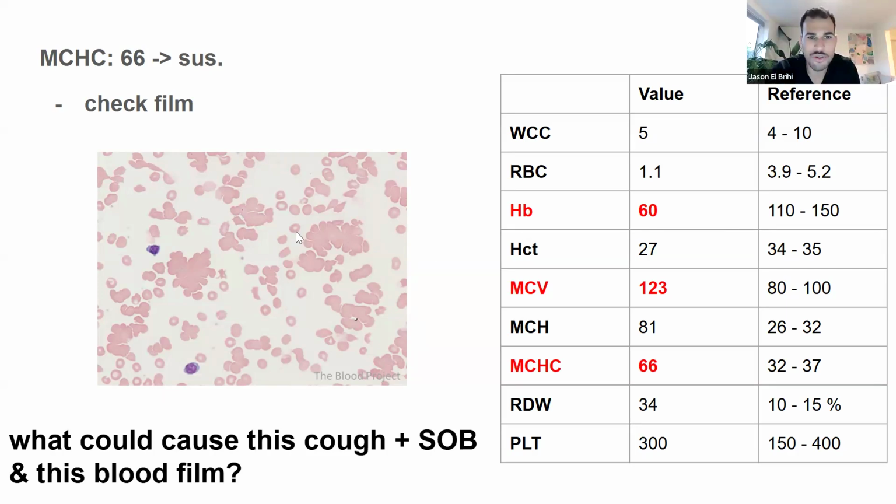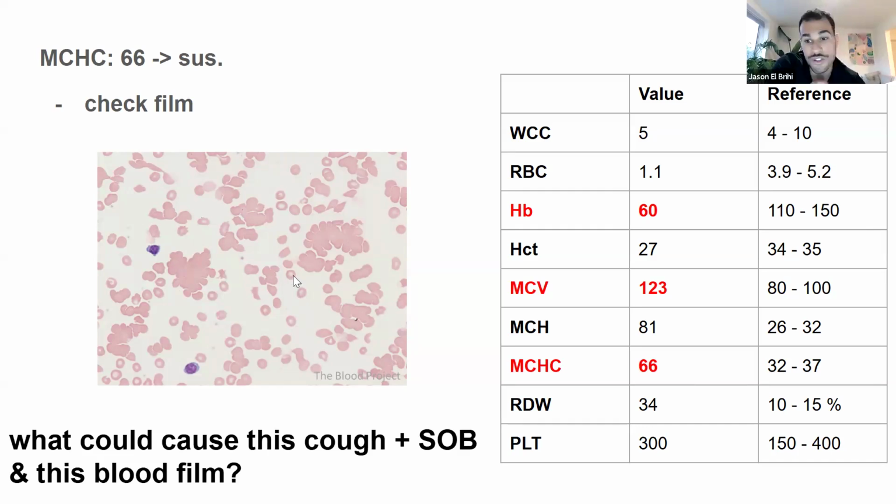Yeah, so you can see all this agglutination here, and that's really what's explaining this blood result. So the Hb is low because the machine is counting this as one big fat red blood cell. So there aren't many. The MCV is big because you've got all this joined up together, and the MCHC is high because this is not real life. Well, not real life. It's mistaking these as single cells.